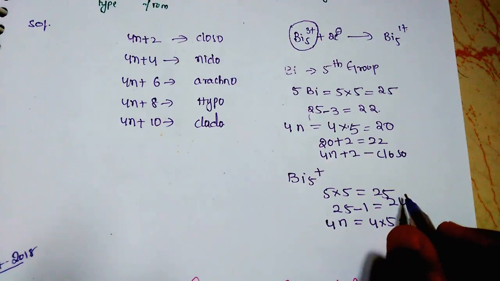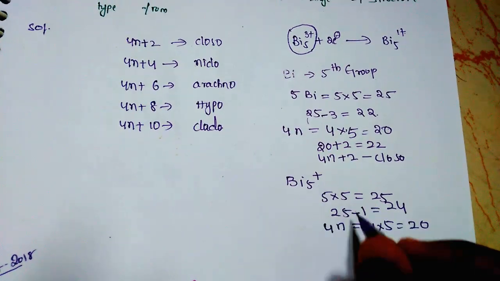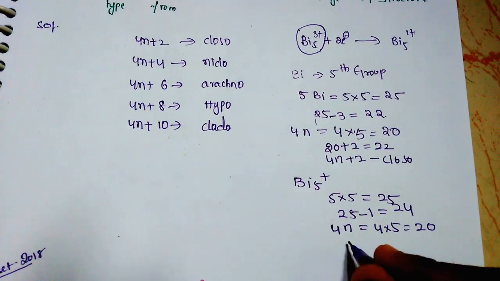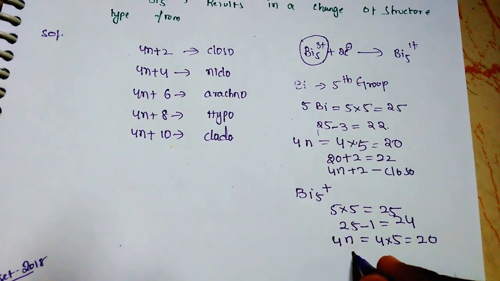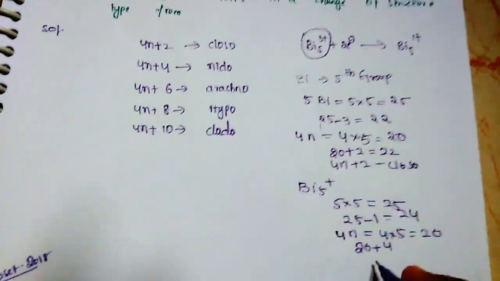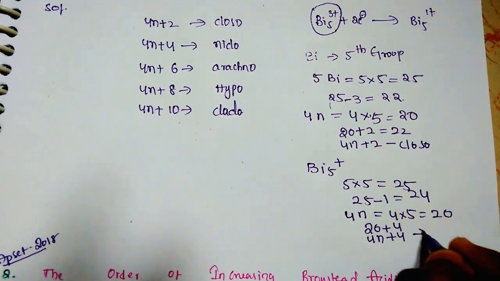So we have 24 electrons in the Bi5 monocation, and from the formula 4n is 20. So the remaining is 20 plus 4, that is 4n plus 4.